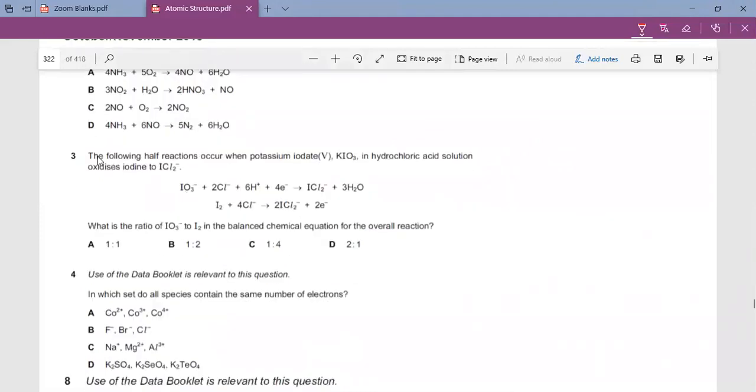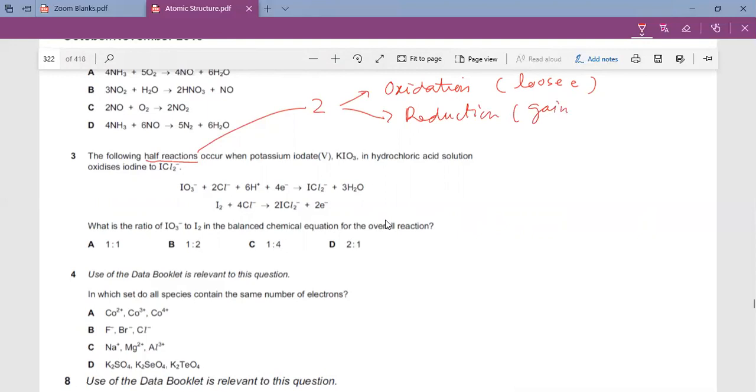Now here, remember in redox reaction, there are always 2 half equations. One is for oxidation, one is for reduction. Oxidation means it will lose electrons. The other one is reduction, which talks about gaining electrons.